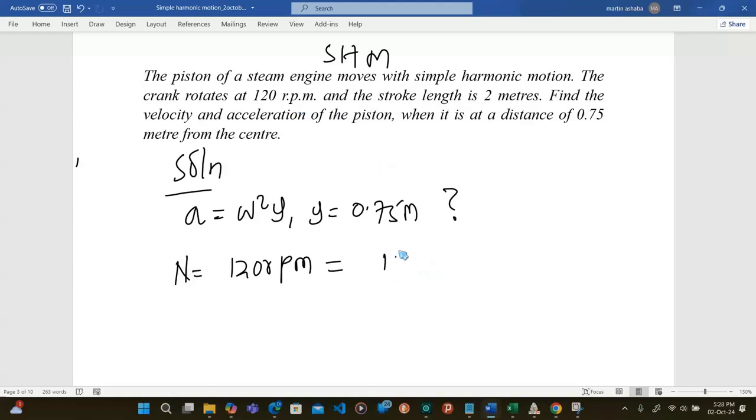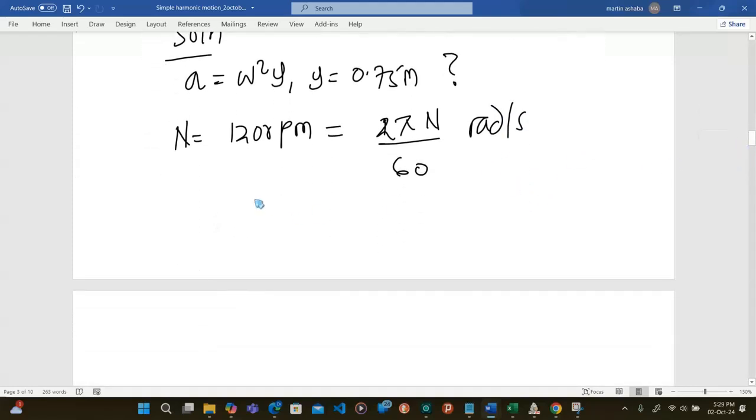So we will have something like 2 pi n out of 60 radians per second.